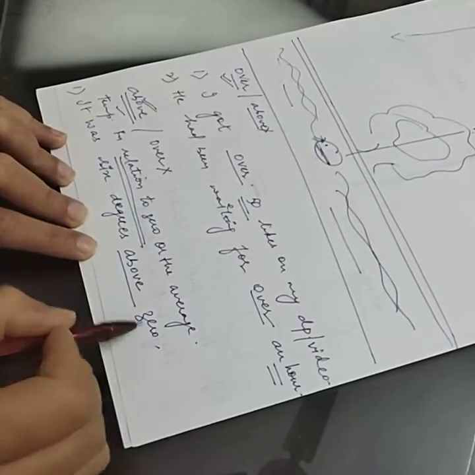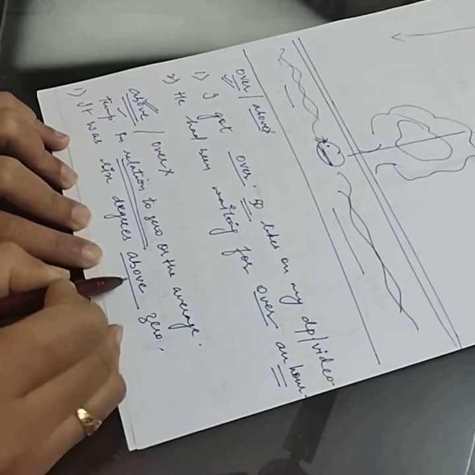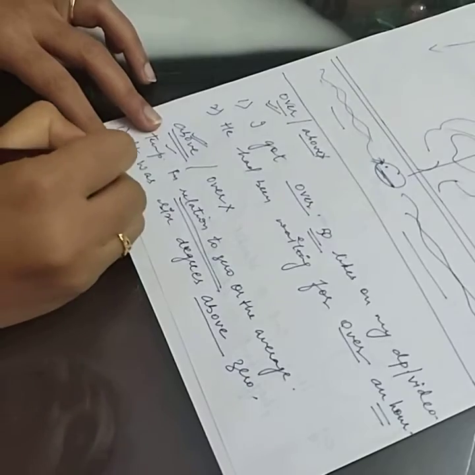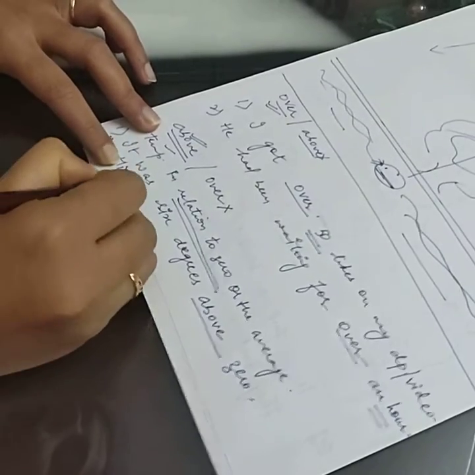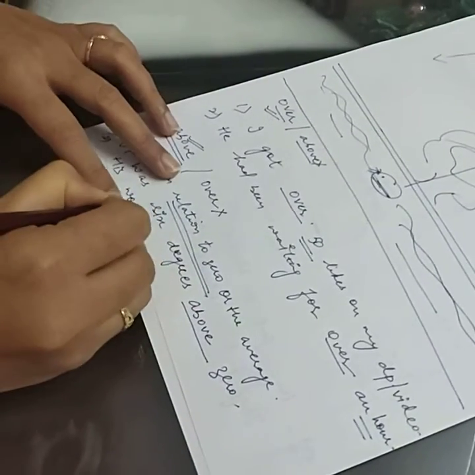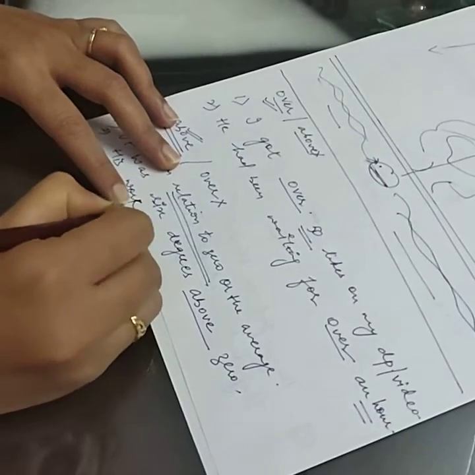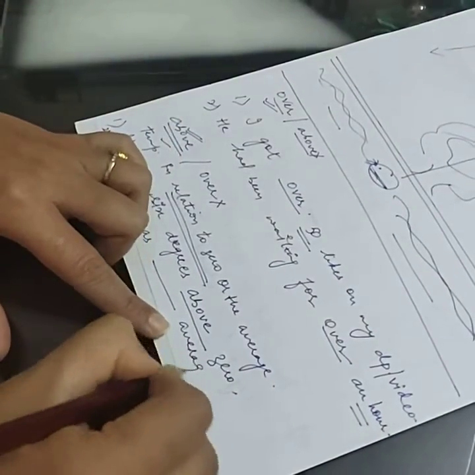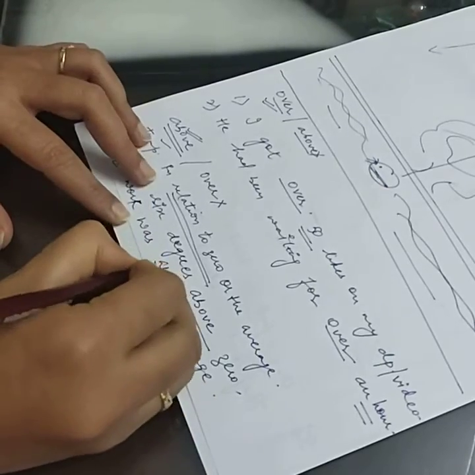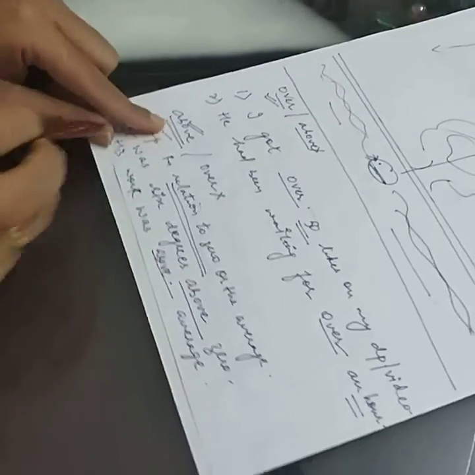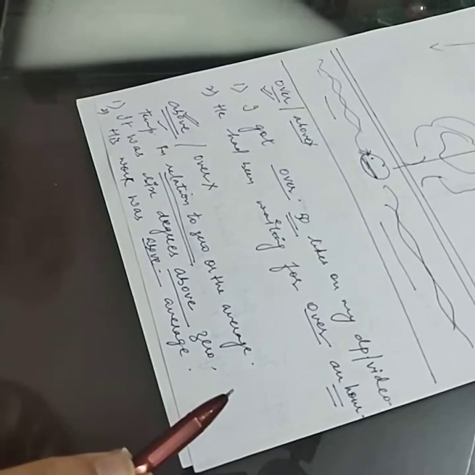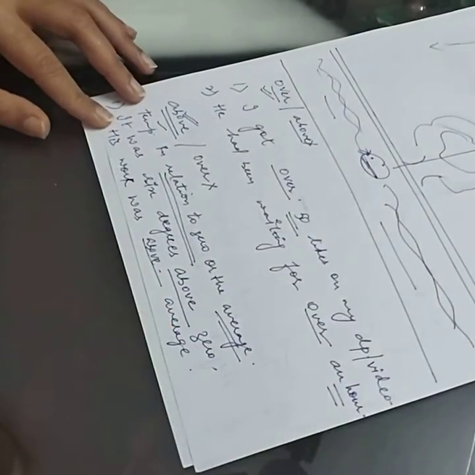Here, in relation to 0, we used above, not over. Another example: his work was above average. So we use above when we talk about temperature in relation to 0, or with average.